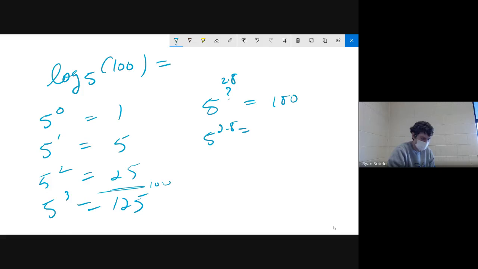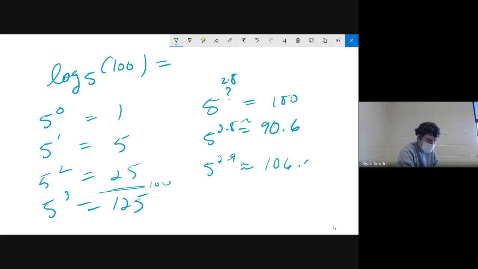So I'm going to raise 5 to the 2.8. And I get 90.5, about 90.6. So not quite 2.8, maybe 2.9. That's 106.